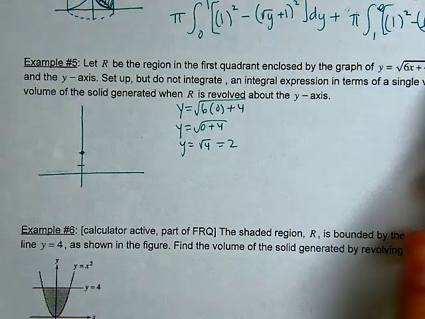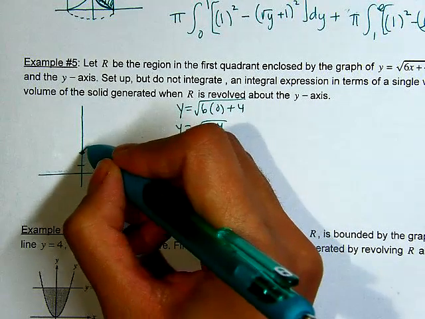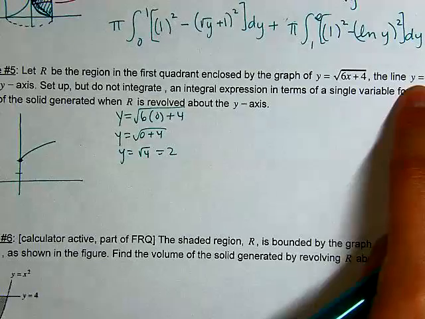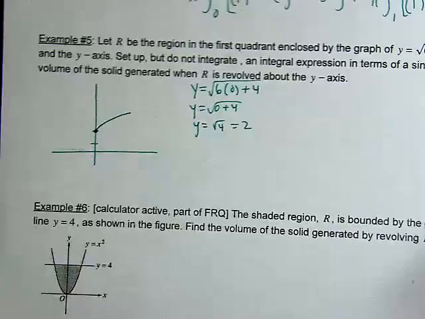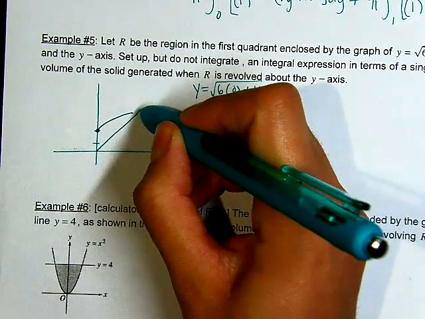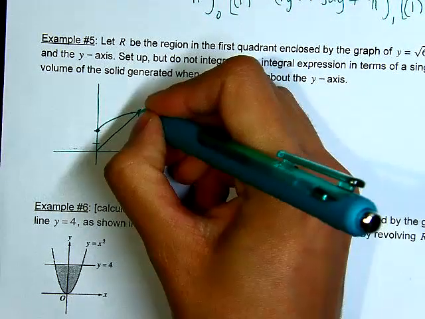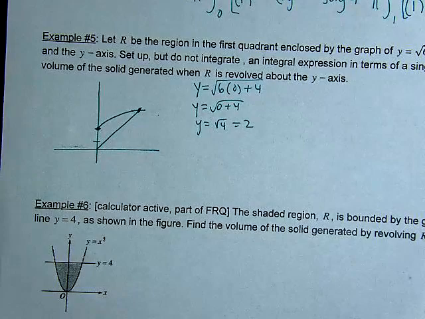And the square root has a curve shaped sort of like an eyebrow. And then also the line y equals 2x. So I know they will eventually meet at some point. So how can I find that point?